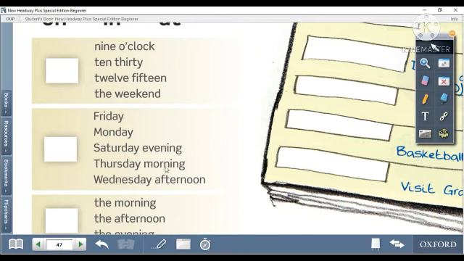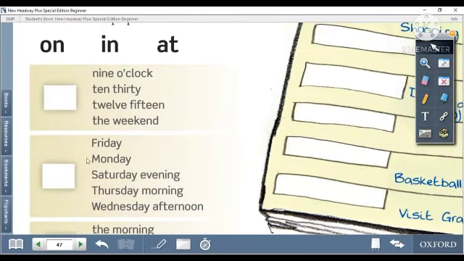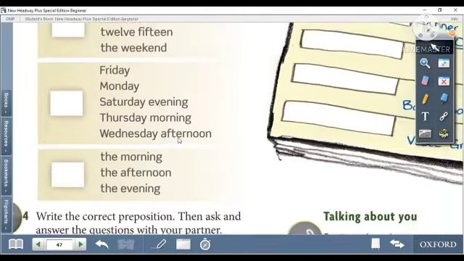Except night, of course. Night comes with at night, and noon also comes with at noon. Friday with days, and with days with a period of time, I say on. I will say on Friday, on Monday, on Saturday evening, on Thursday morning, on Wednesday afternoon.